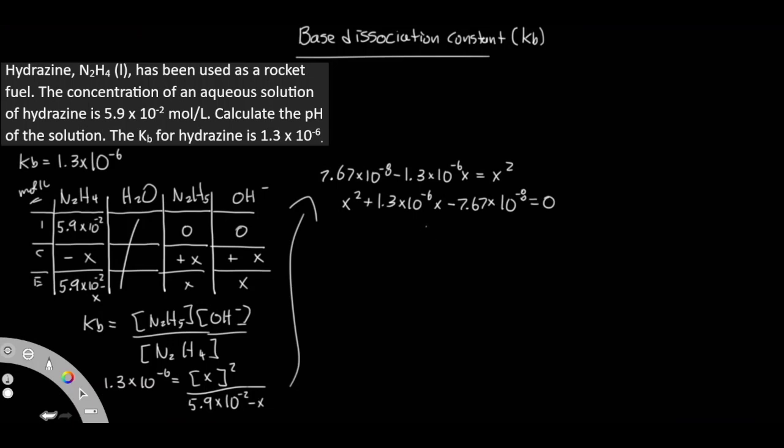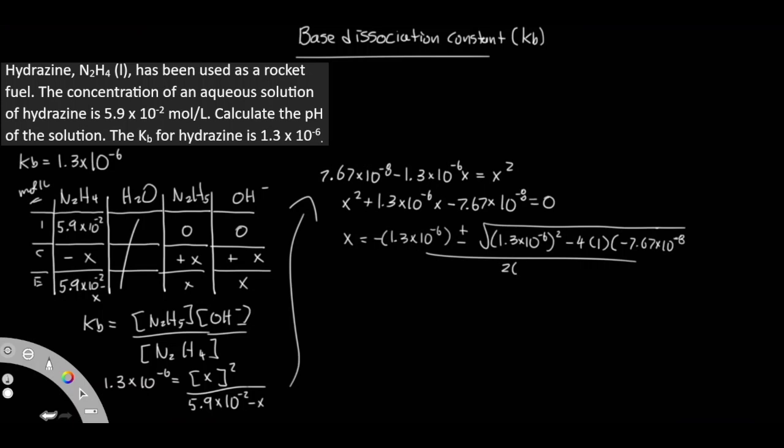Let's put them all into our quadratic formula. x is equal to minus b plus or minus the radical of b squared minus 4ac, all over 2a. What do you end up getting when you do all of this? You're getting x is equal to negative 1.3 times 10 to the negative 6 plus or minus 5.53897 times 10 to the negative 4, all over 2.